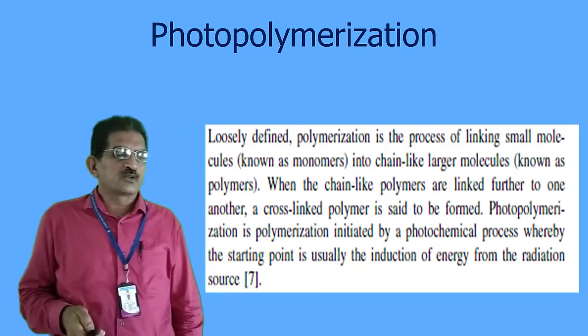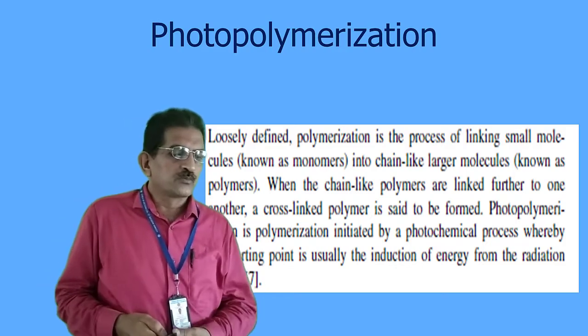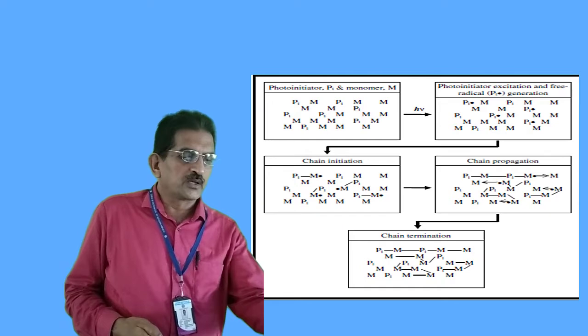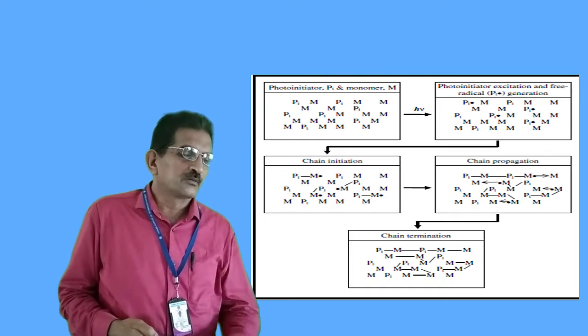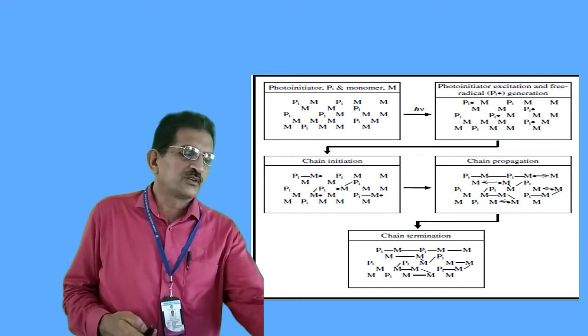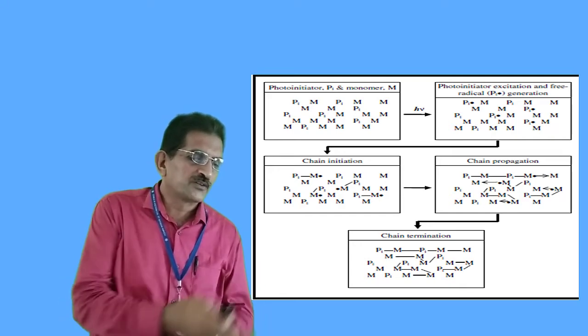Now if you see the sketch, P is the polymer and M is the monomer, and they are distributed in the container in a given polymer resin. On the surface, we find many polymers and monomers.